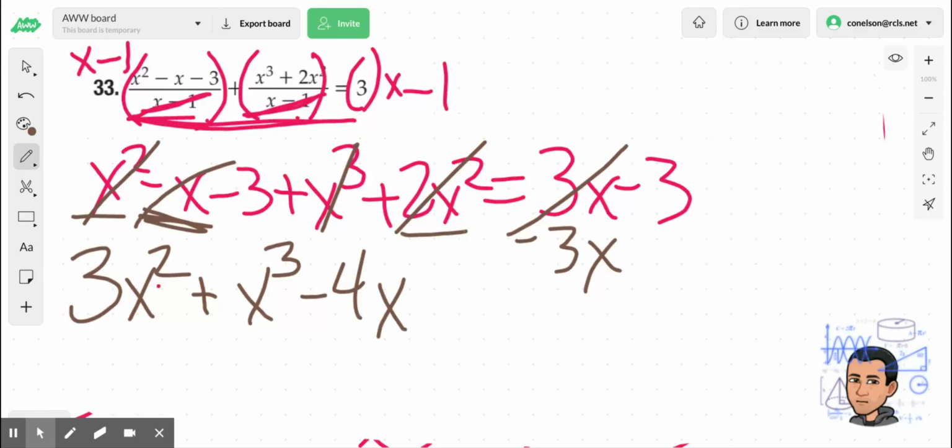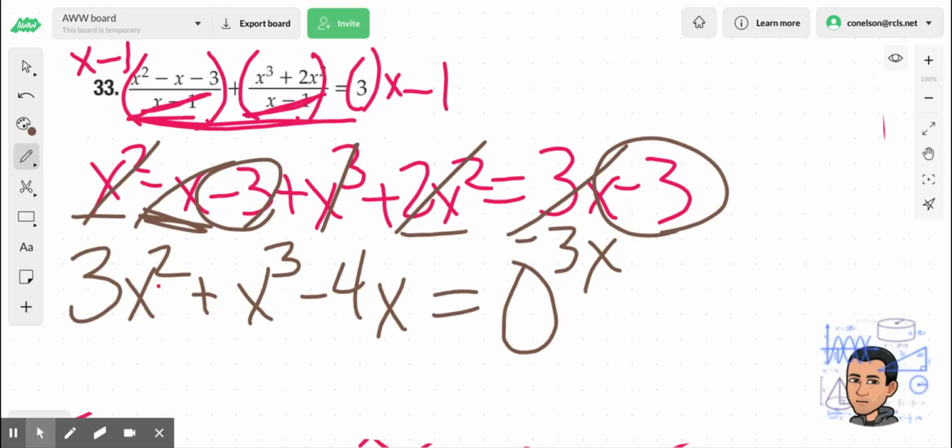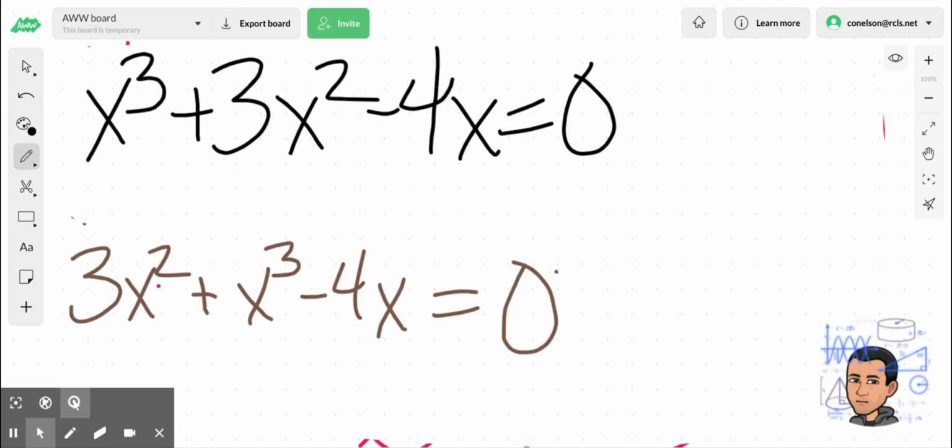Now, the other thing I seem to have is I have a negative 3. But if I add that to that side and that side, it cancels out. So I believe at this point, I have this. Now, I'm going to rearrange this and move stuff. Okay, so all I did was I moved this and this so that things are in the right order.